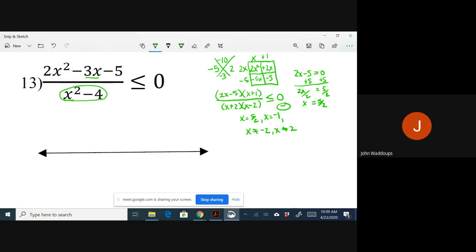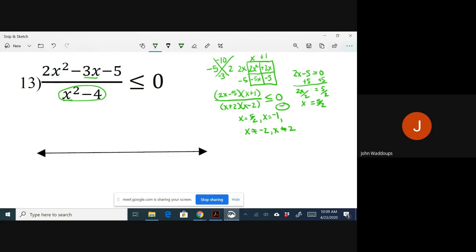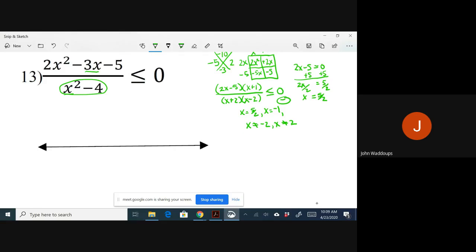So we go back here and we graph them. We're going to start with the one clear to the left, which would be -2. And then -1. Now 5 halves is 2.5. We'll put 0 just for reference.